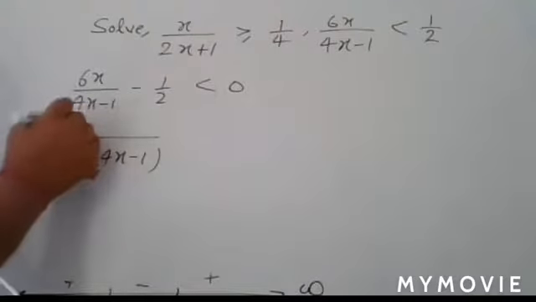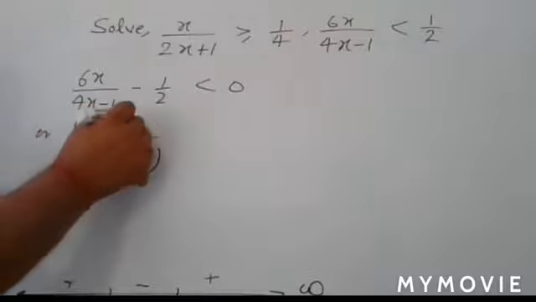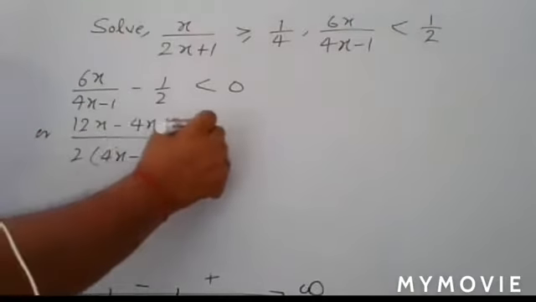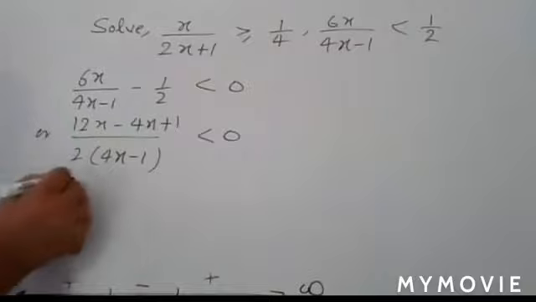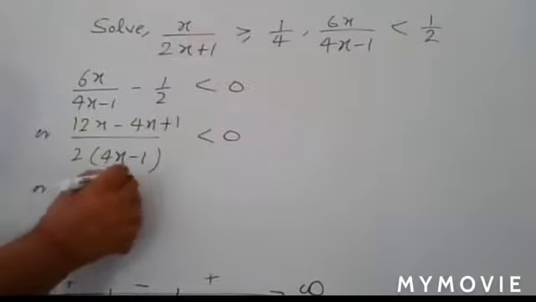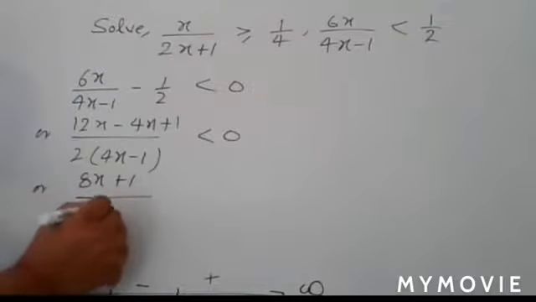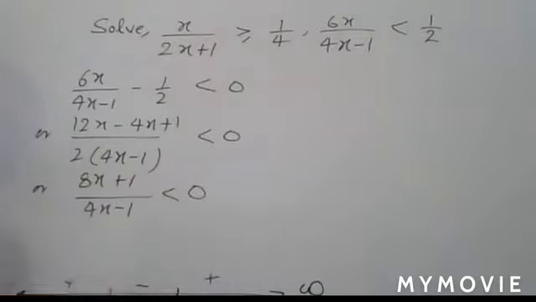So here you have 12x minus 4x plus 1 less than 0. That is equal to 8x plus 1 upon 4x minus 1 less than 0.